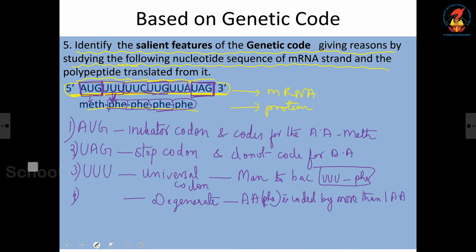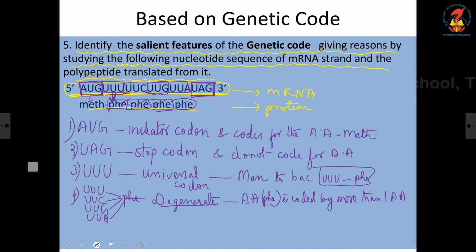So, here you can see this phenylalanine is coded by more than one codon, that is UUU, UUC, UUG, UUA. The very same amino acid is coded by different codons.